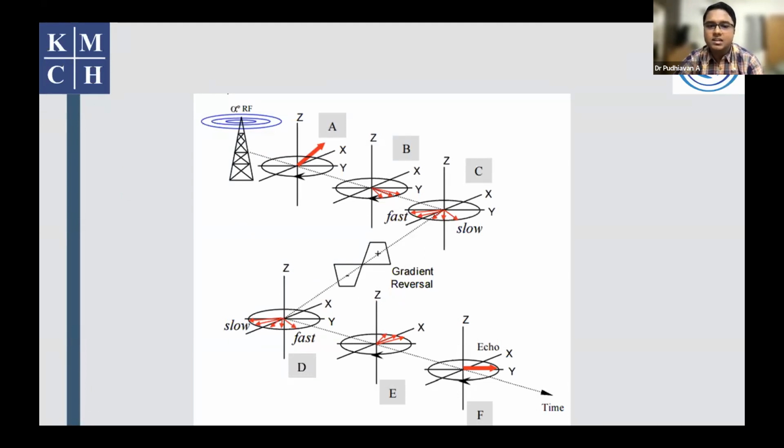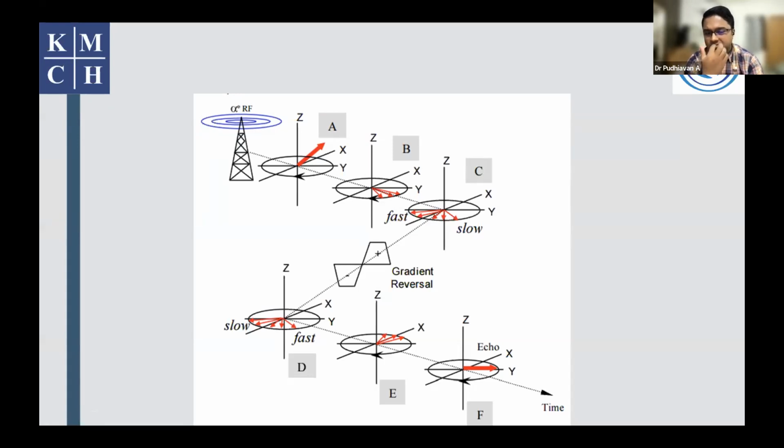This gradient reversal modifies the dephasing of the protons in such a way that the protons which were dephasing at a faster rate start to dephase at a slower rate, and the protons which were dephasing at a slower rate start to dephase at a faster rate. So the protons will again start to come in phase with each other, and there will be a point at which there is phase coherence between all the protons.